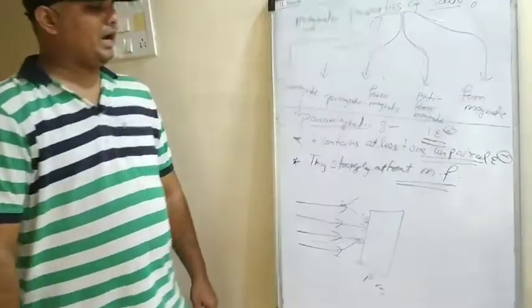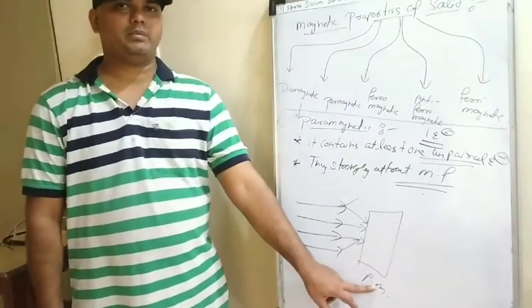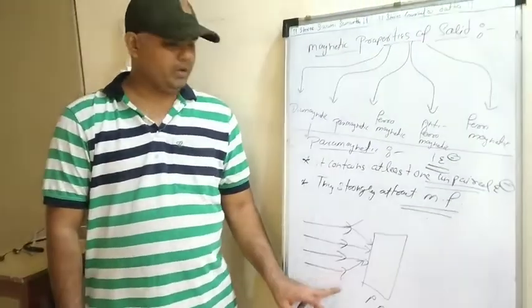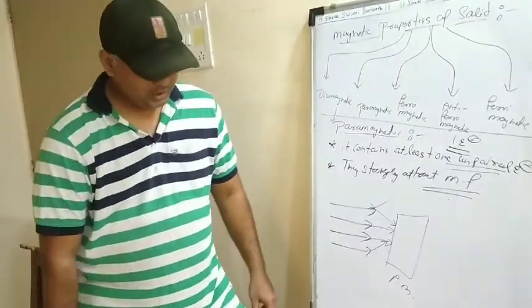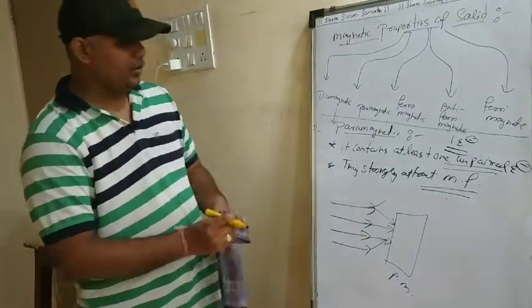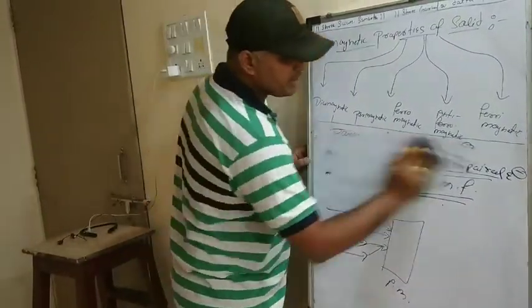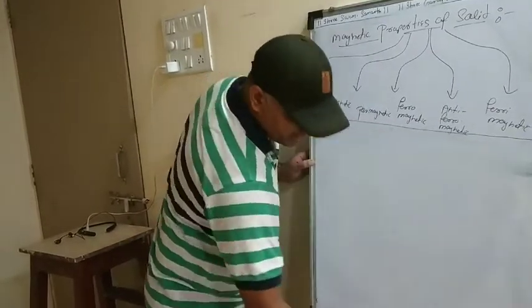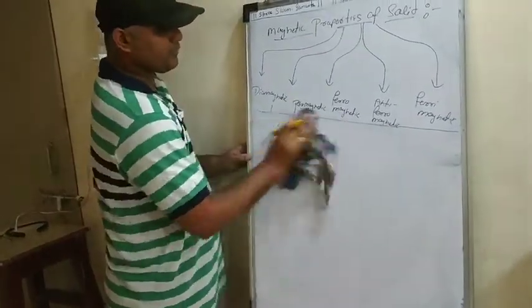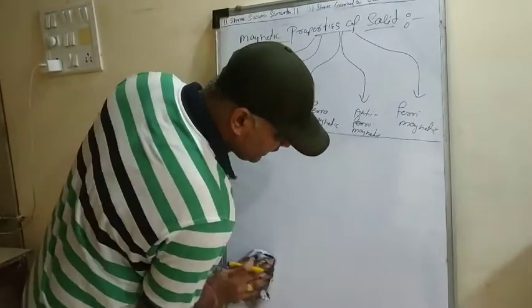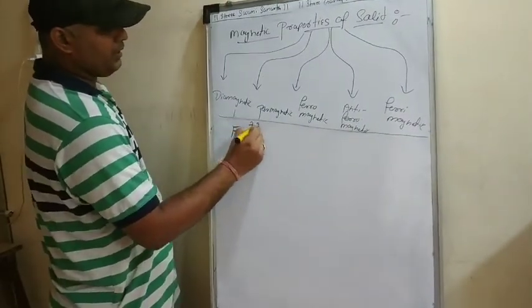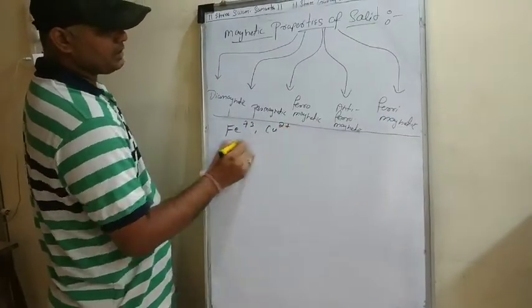That is why we say that paramagnetic material has a very, very strong attraction for the magnetic field. I hope that you have understood this. Now the examples are very, very important in this case. Try to understand. Examples for the paramagnetic will be Fe3+ and Cu2+.